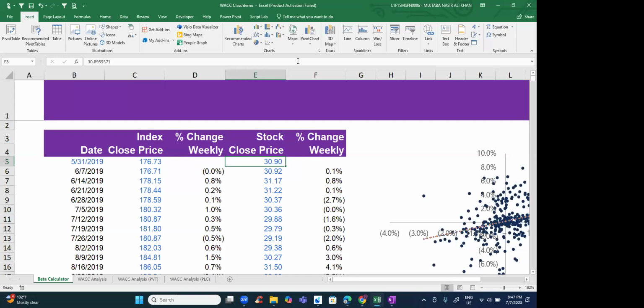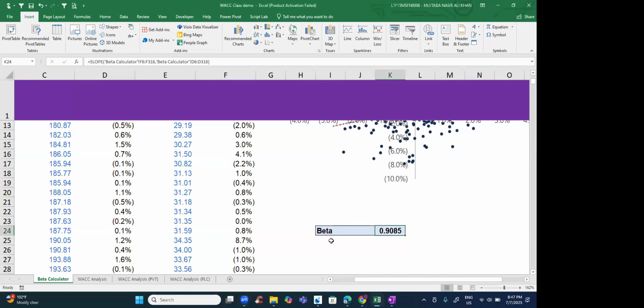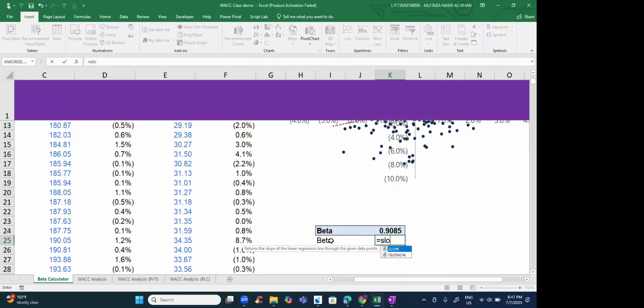Okay. So let's calculate the beta. Although it is calculated, let me calculate it for you again. You will write the formula SLOPE, bracket start, known Y's. You know the y-axis and x-axis, right? Which one is independent? Which is the dependent variable, y or x?